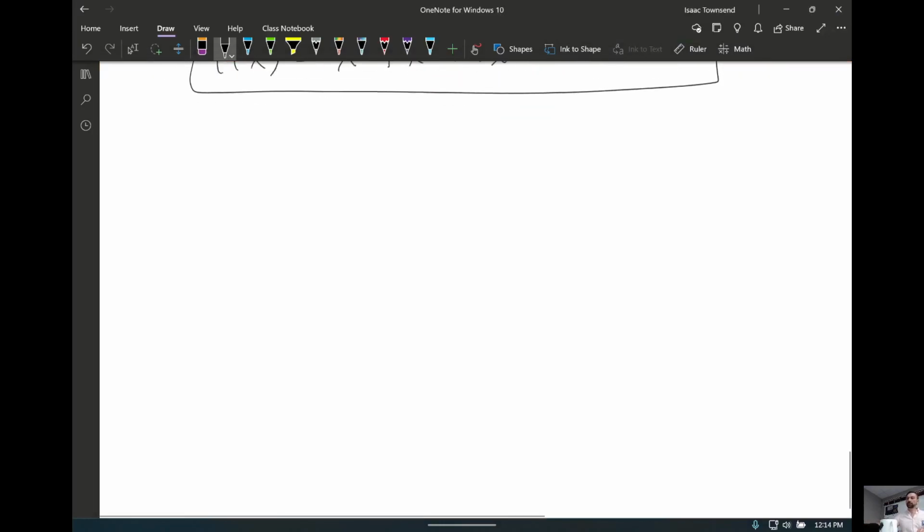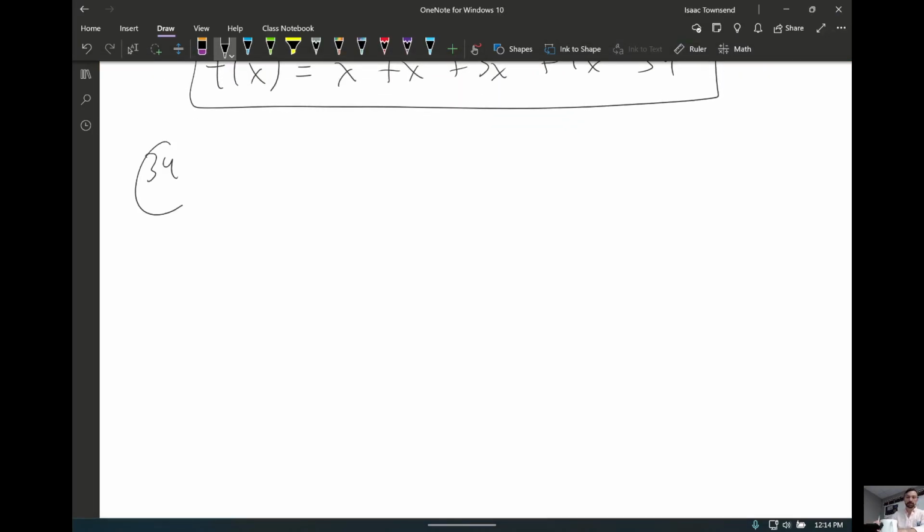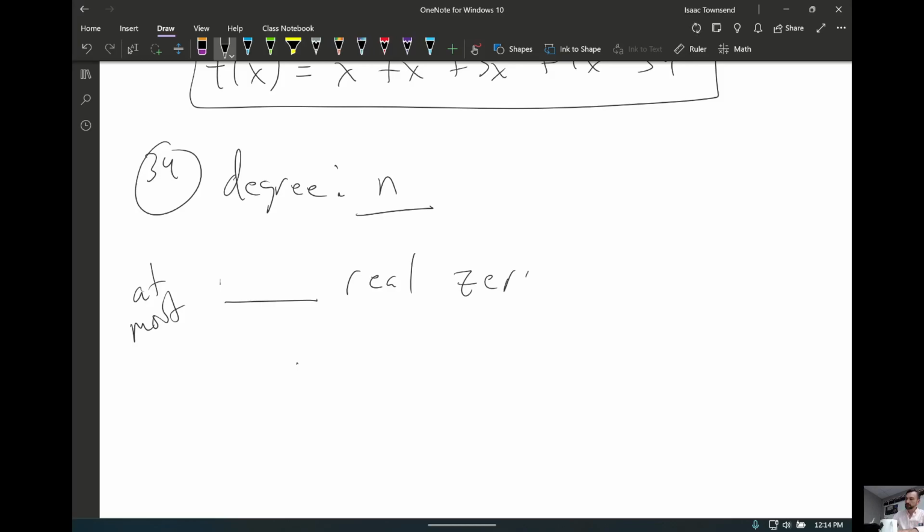Okay, then 34, a polynomial, if the degree is n, that means it has at most n real zeros.